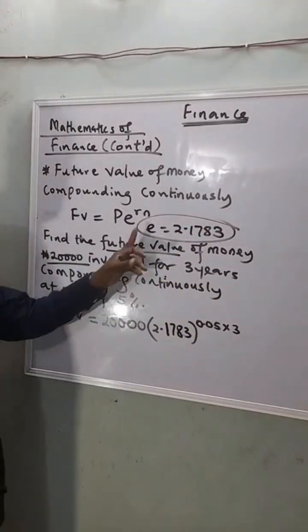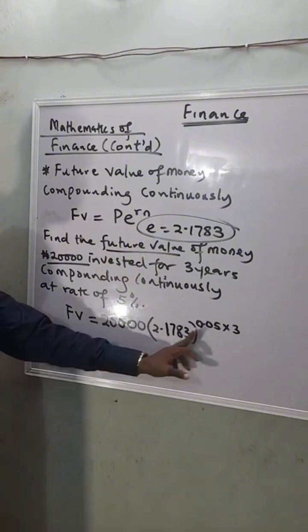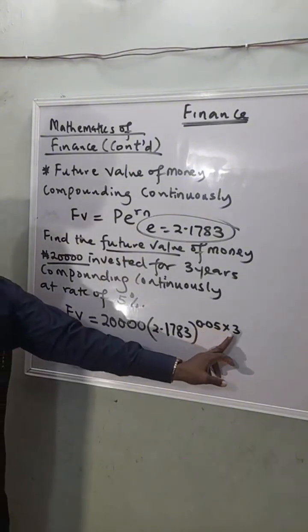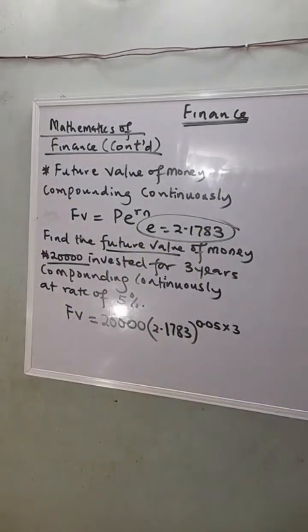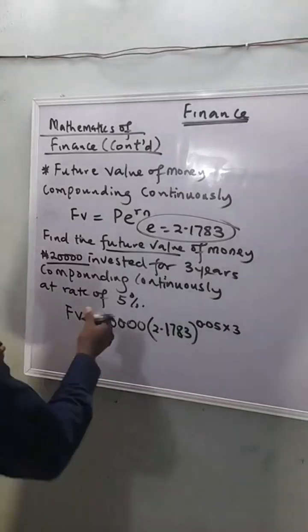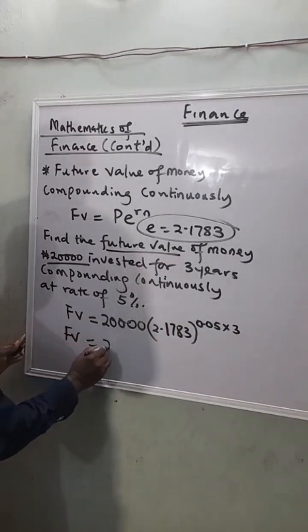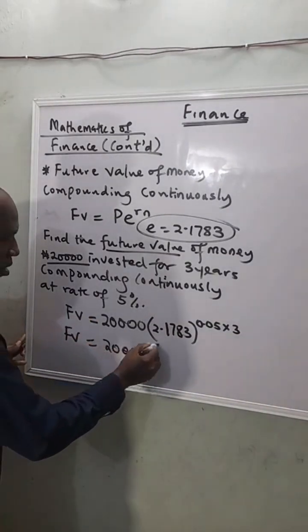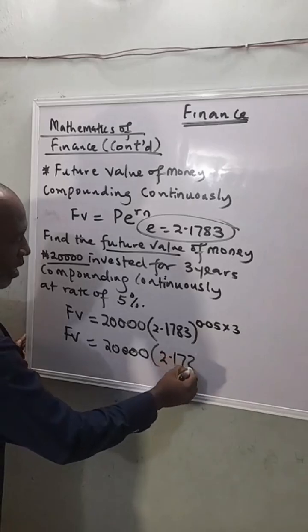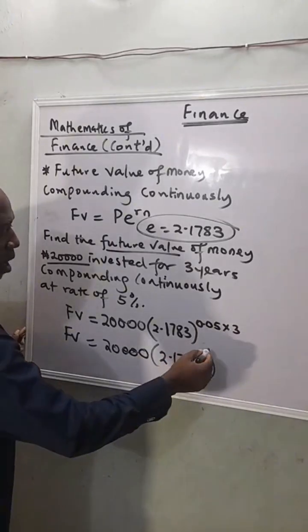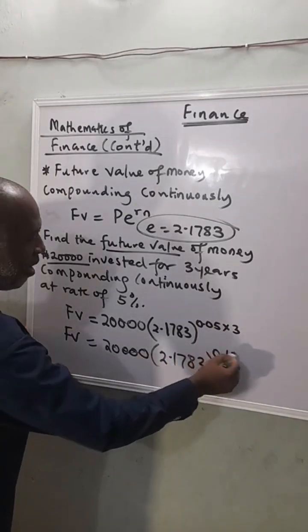So our e from this formula, now we'll put it here, raised to the power of 0.05 times 3. And your calculation will be so easy. Future value will be 20,000 into 2.1783, all raised to the power of 0.15.